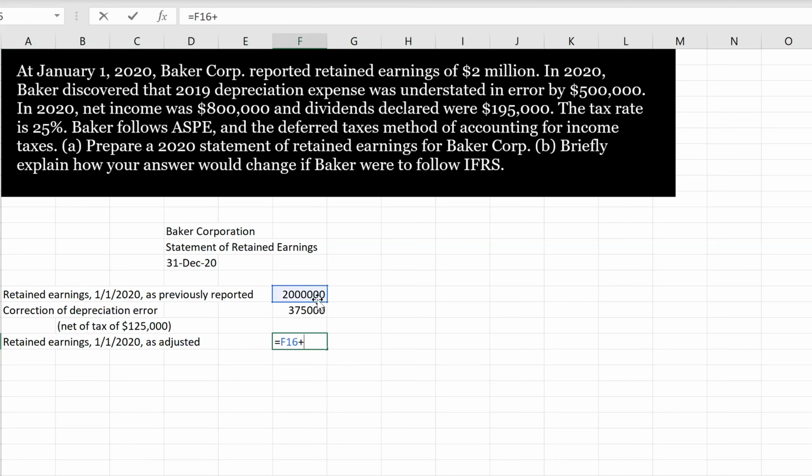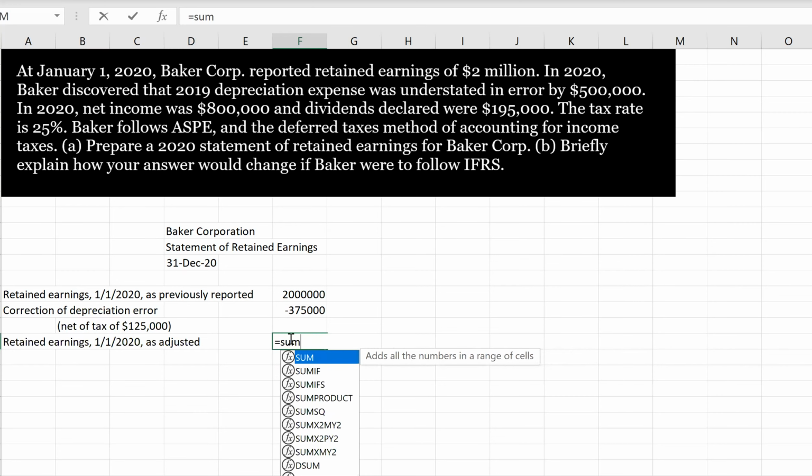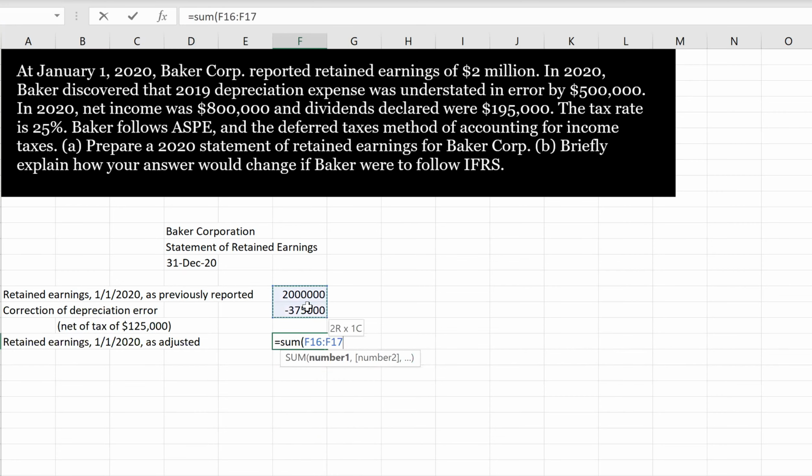Now we've decreased it by 375 because this was an error where we had understated depreciation. So this is an expense. We should probably just have this as an expense, but now I'm just going to have to change my formula to make that work. Okay, so there's our corrected retained earnings.